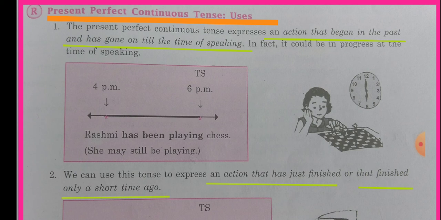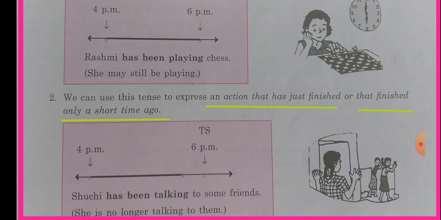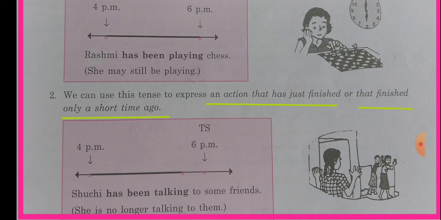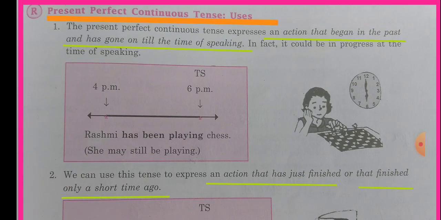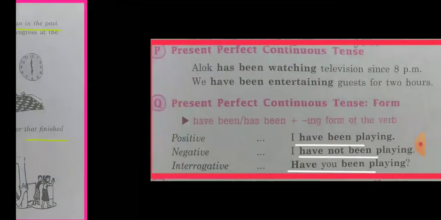The next use is that we can use this tense to express an action that has just finished or that finished only a short time ago. Like, Shushi has been talking to some friends, but now she is no longer talking to them. But still, such actions can be expressed by using present perfect continuous tense.